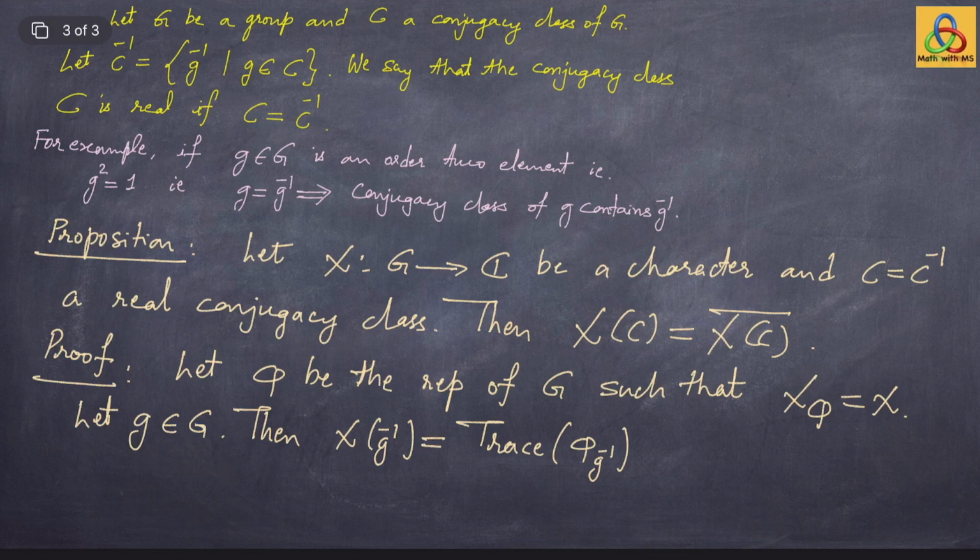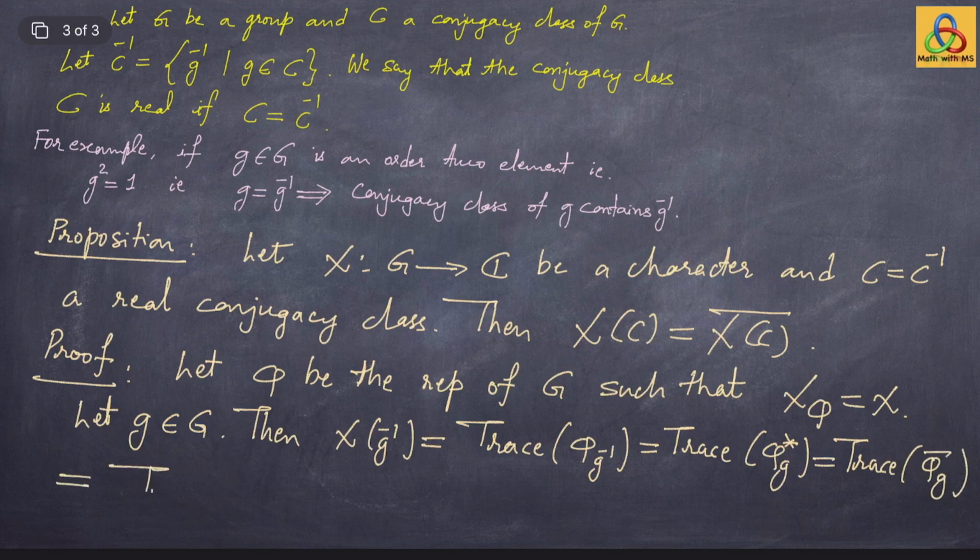So that is the same as the trace of phi g star, but that is the same as the trace of phi g bar, and as observed in the preceding slide, this is the same as the trace of phi g whole bar, but that is nothing but chi of g whole bar.